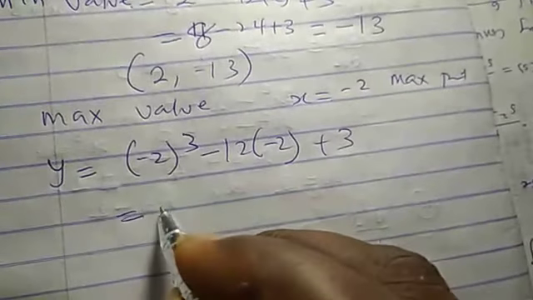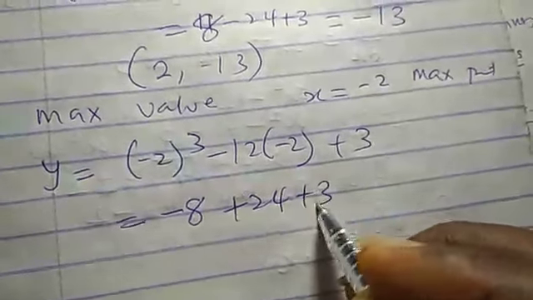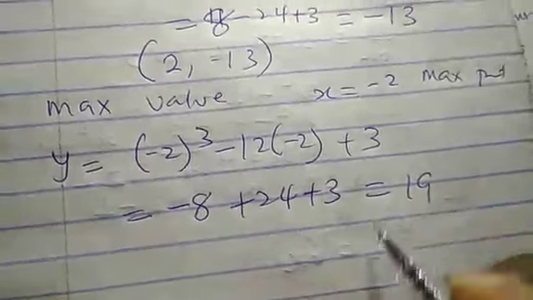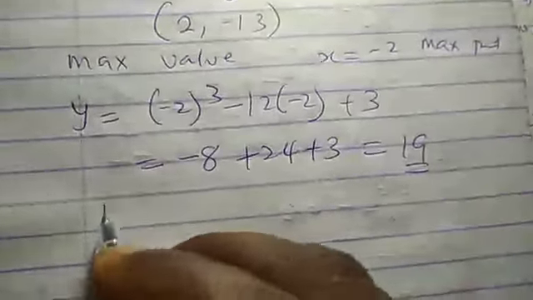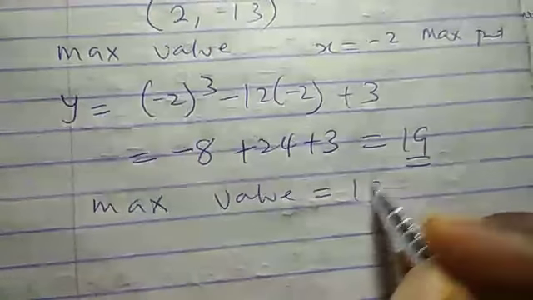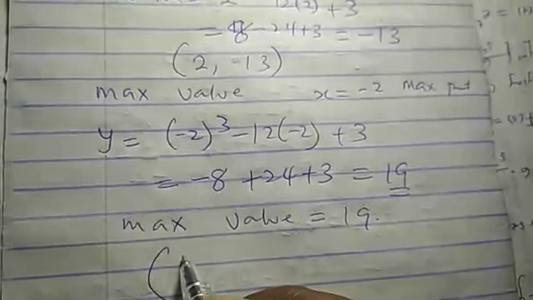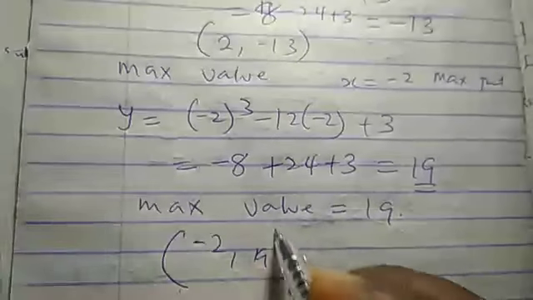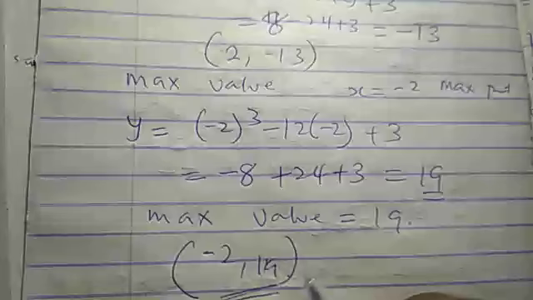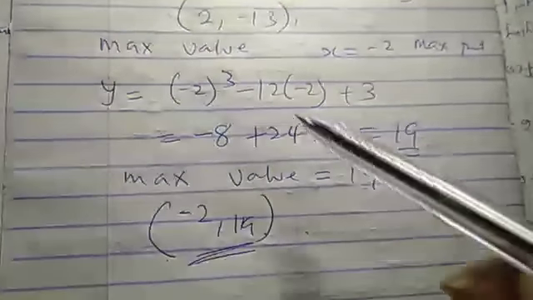So our answer is, this will give me minus 8 plus 24 plus 3, and that will give me 19. Therefore, I can say that maximum value is equal to 19, or I can write it as minus 2 comma 19. So this is the minimum point and this is the maximum point.